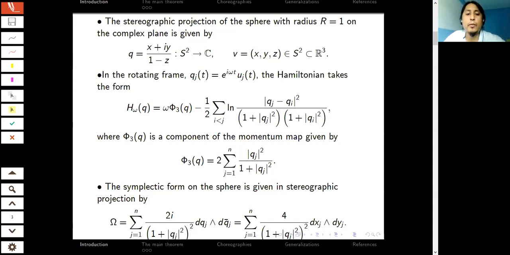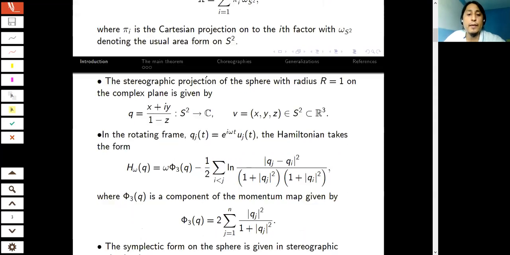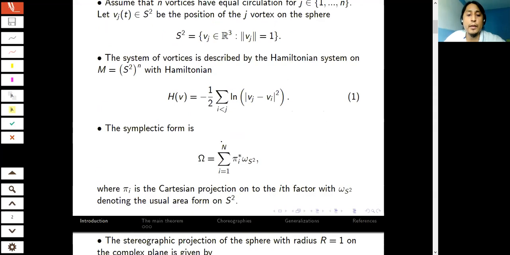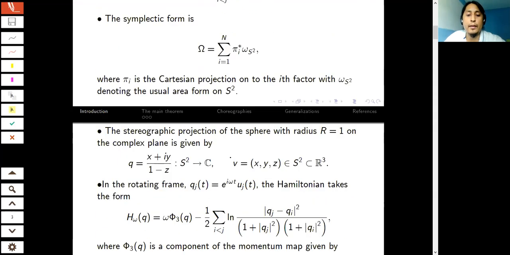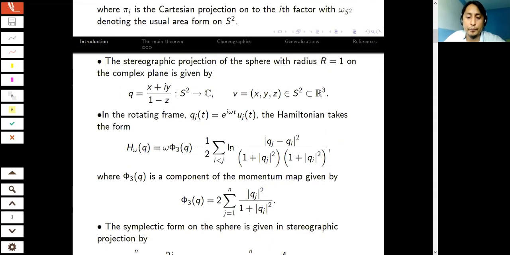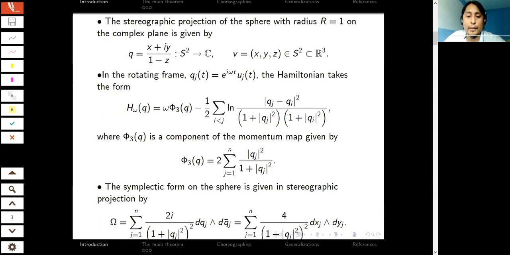So I'm going to go from the stereographic projection coordinates for the sphere to a rotating frame, which is made in terms of u_j. So basically, if I put this Hamiltonian with this symplectic form and write the Hamiltonian in the stereographic projection with the rotating frame, then I obtain this.